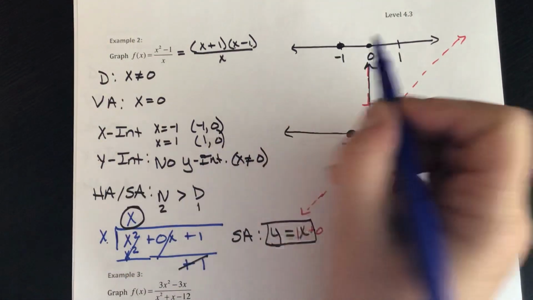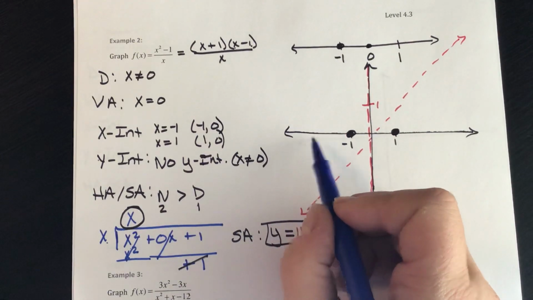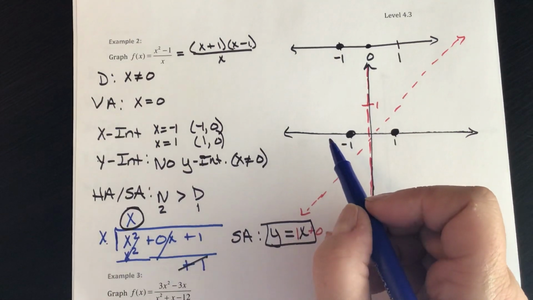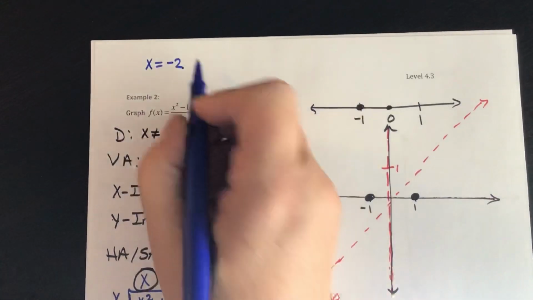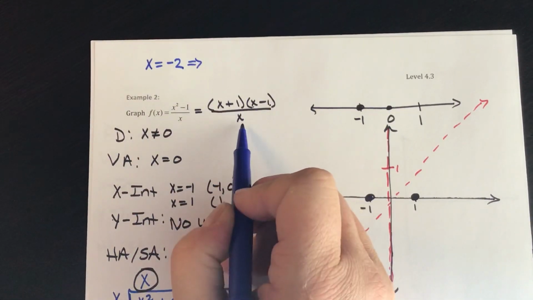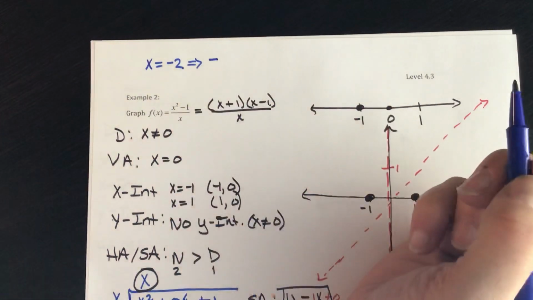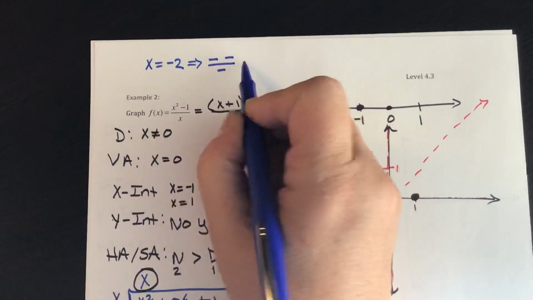So I need to look at what's happening to the left of my x-intercept. Let's pick a number like x is -2. If I plug -2 into the 3 factors I have here, -2 plus 1 is -1, and -2 minus 1 is negative, so that's negative over a negative.